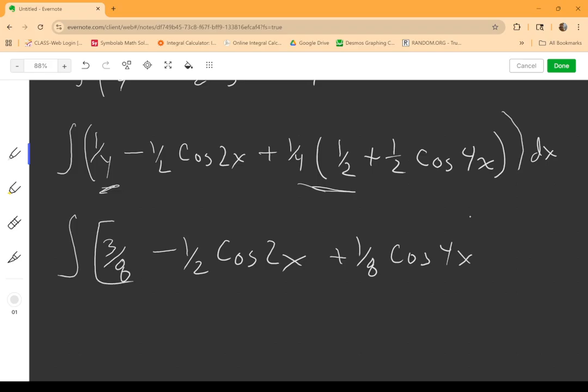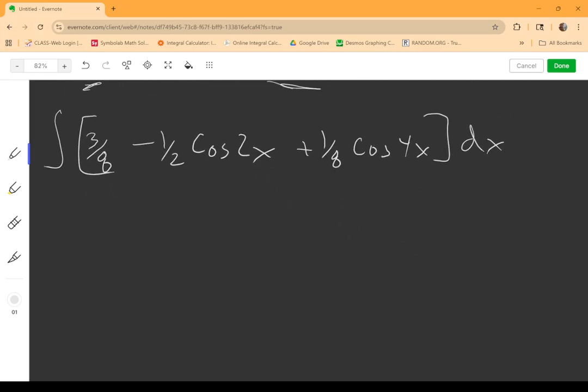And now all of these are basic integrals, right? 3/8 is a constant, so we get 3/8x minus, now be careful here, right? Now we have a composition here. The u sub would be 2x, but again, for something that's so basic as here, just remember the derivative of 2x is 2, which I don't see out here, right?